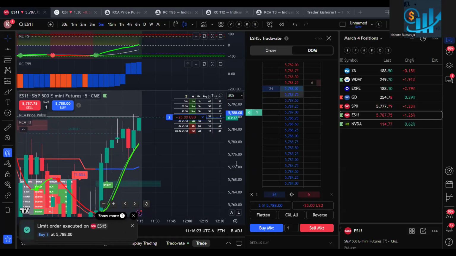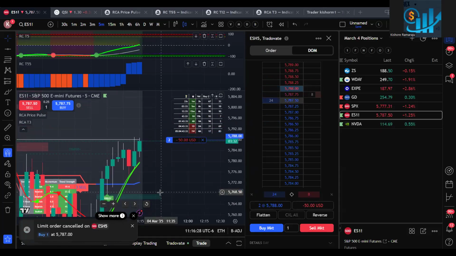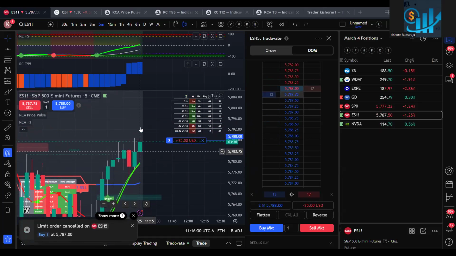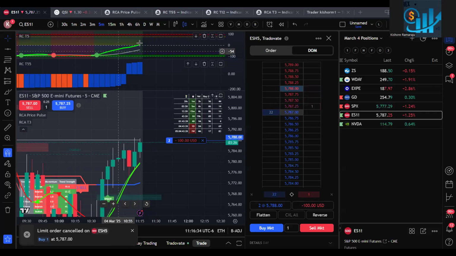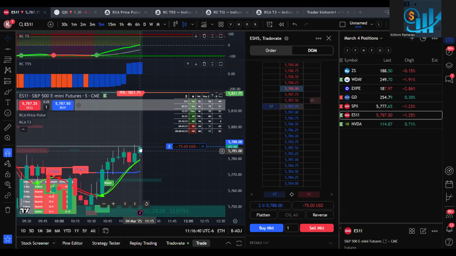I'm entering long on ES one more time, because it is trying to break this resistance and go up. I can see there is a lot of bullishness here. If it breaks this, it will go all the way till this.